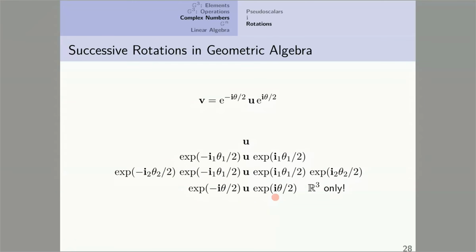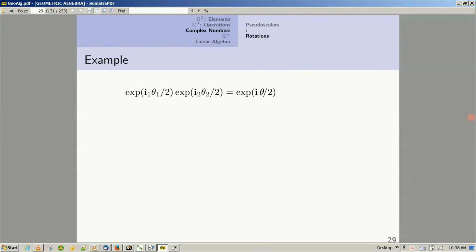Let's see how this works out in a specific example. I've shown Euler's theorem on the screen. The composition of rotations, one rotation followed by the other, is another rotation. Here's an example. I'll start with a rotation given by this exponential.